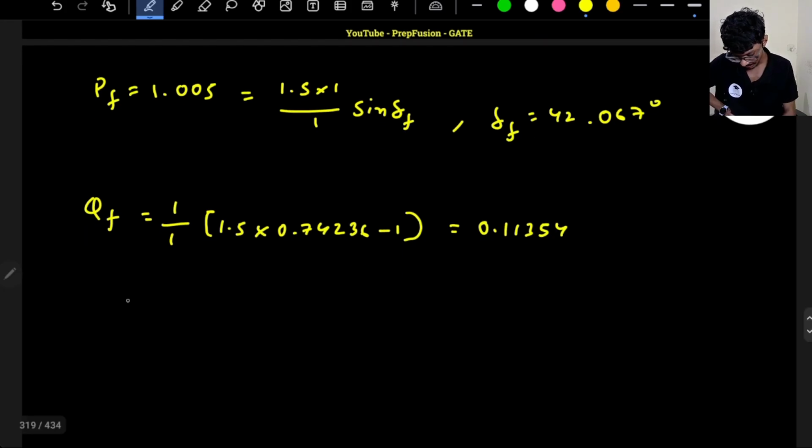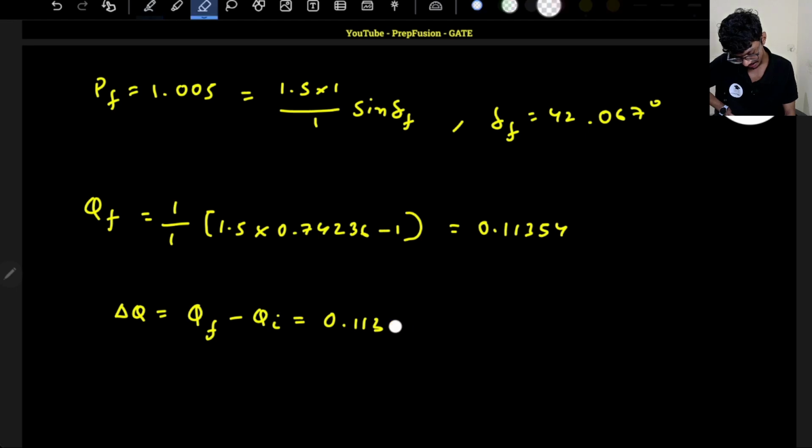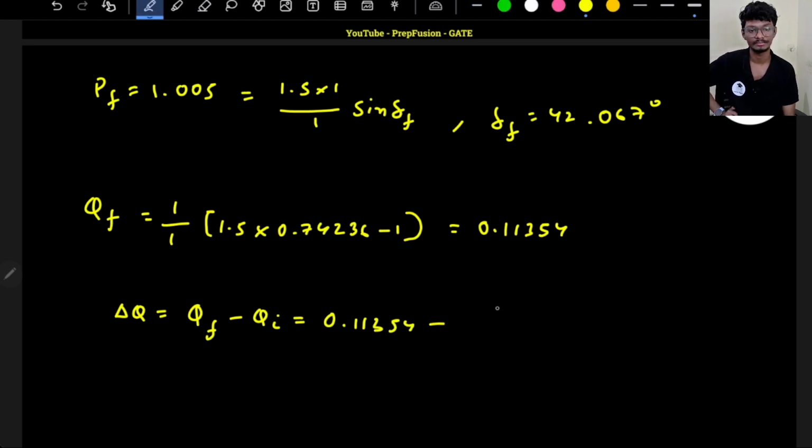Delta Q equals Q final minus Q initial. Q final is 0.113, so of course the reactive power has reduced. Does it make sense? We will try to see whether it makes sense or not.